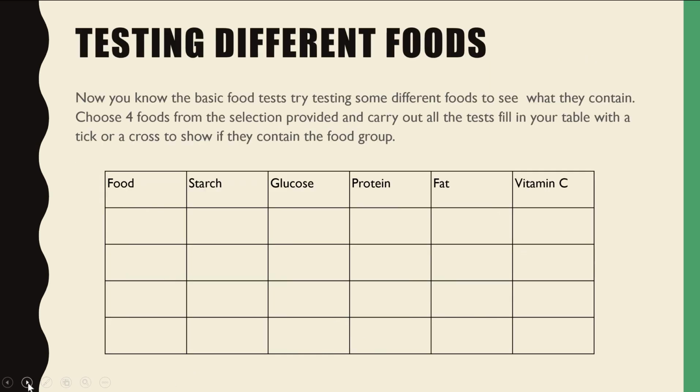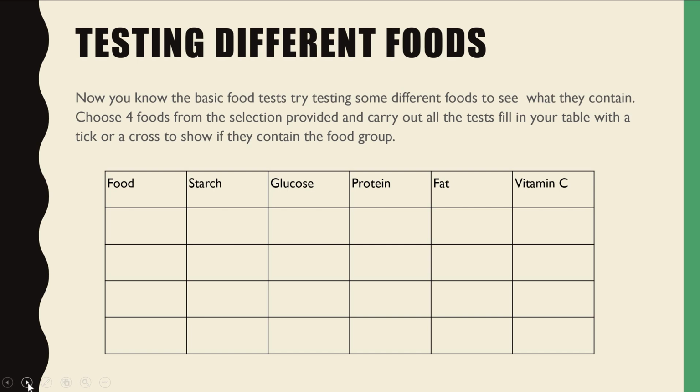Usually what we would do now if you were in the classroom was I would provide you with some different samples of foods, and you would choose 4 foods from the selection and carry out all of the food tests on them to identify if they contain a particular food group. Obviously, we're not going to be able to do that at this point.